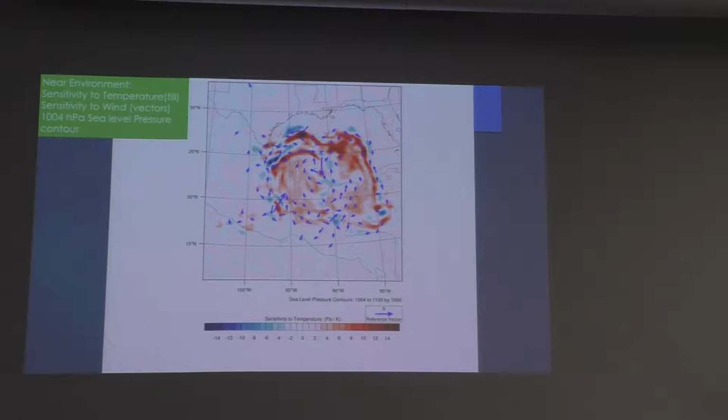Also, not that it's easy to pick out here, and I'll show it later, but if I were to make it generally more cyclonic or convergent, I would also expect to see a more intense cyclone at the final time. And this is relatively consistent with what we physically expect.